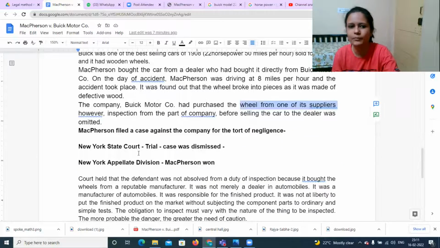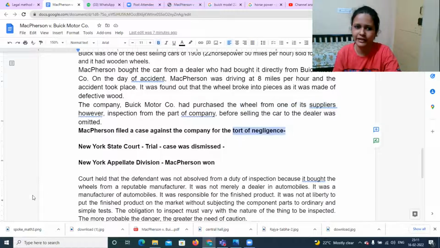So they omitted this part. And as a result, MacPherson suffered injury and he filed a case against the company for the tort of negligence. Initially, the case was filed before a New York State Court, which is like the lower level court. The case was dismissed. The court did not entertain the matter.